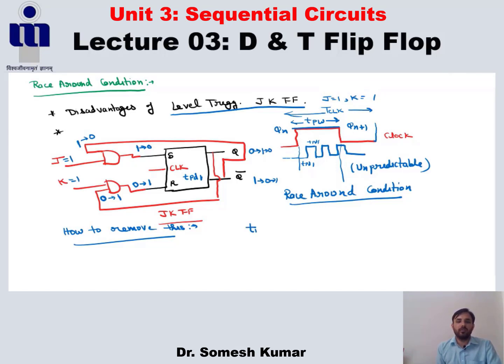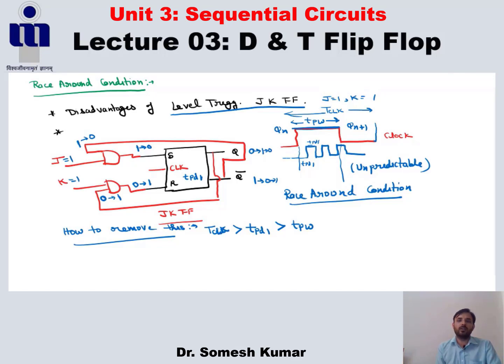If the delay of our flip-flop TPD1 is greater than TPW, meaning the pulse width of our clock is lesser than its delay, in that case this race around condition can be removed. In the other case, TPD1 should be less than or equal to TCLK.